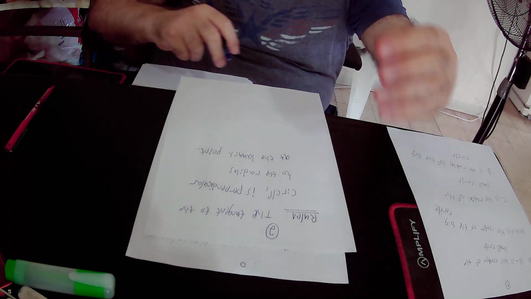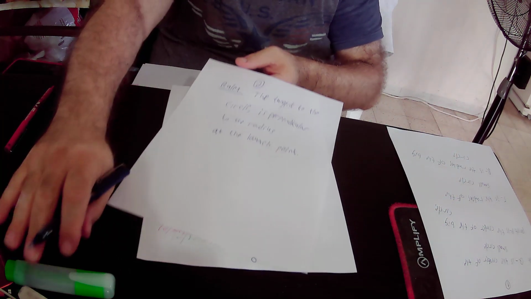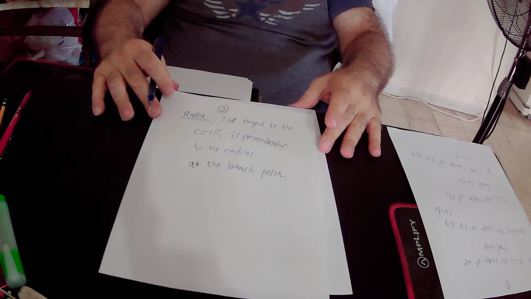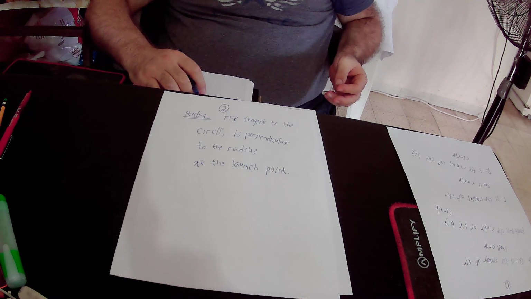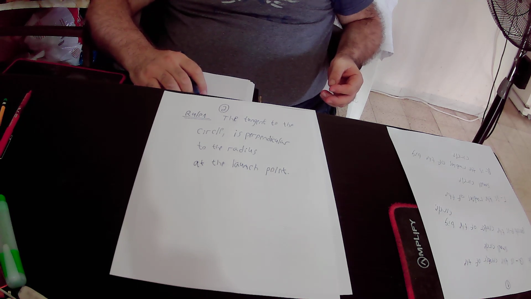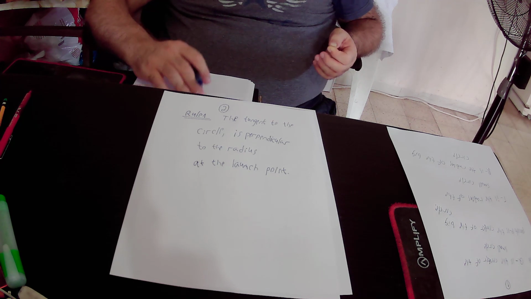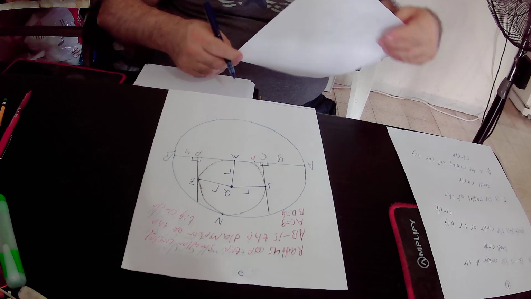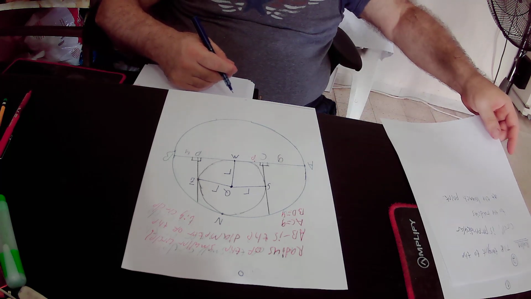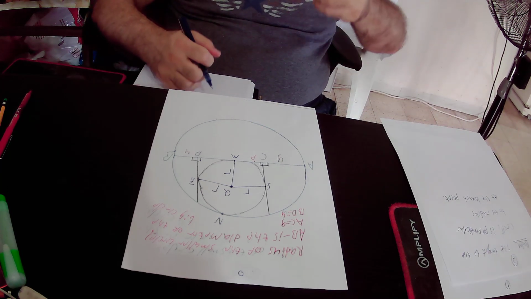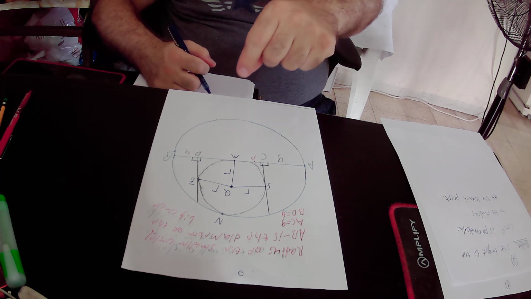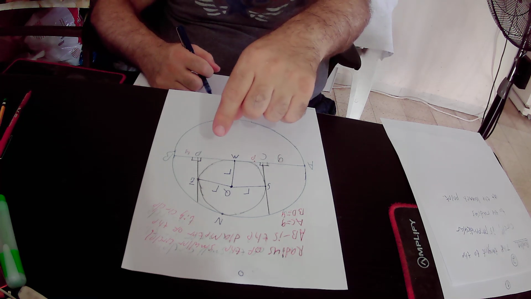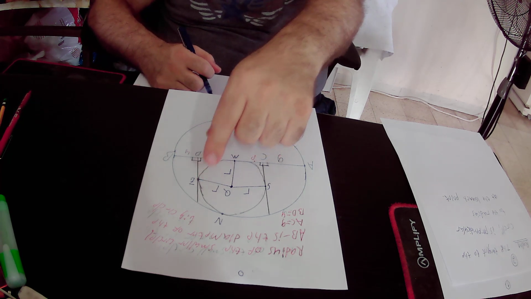So I will read rule number 1 again. Rule number 1 states that the tangent to the circle is perpendicular to the radius at the launch point. Okay, so actually the meaning of rule number 1 is that if you draw a radius that is drawn to the launch point, then this radius will be perpendicular to the tangent.